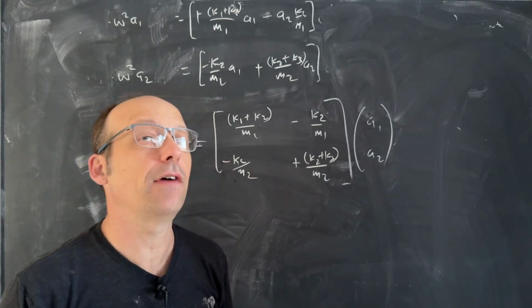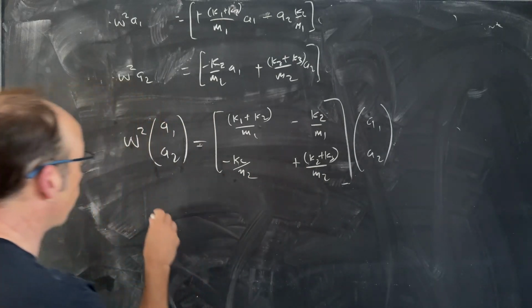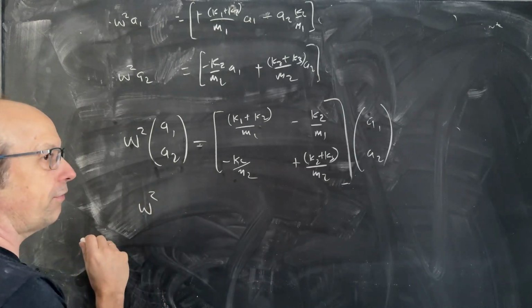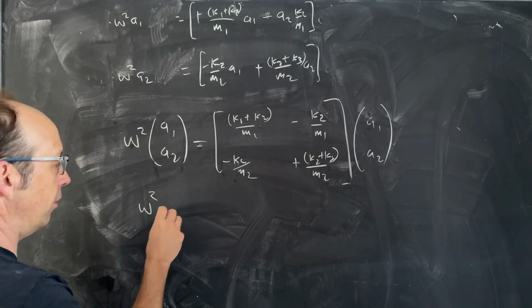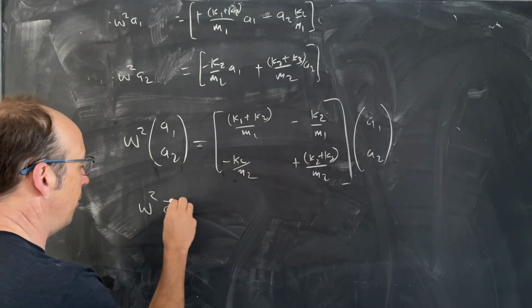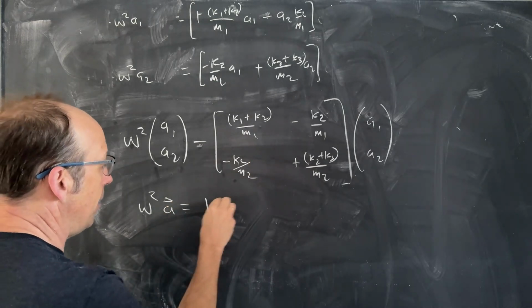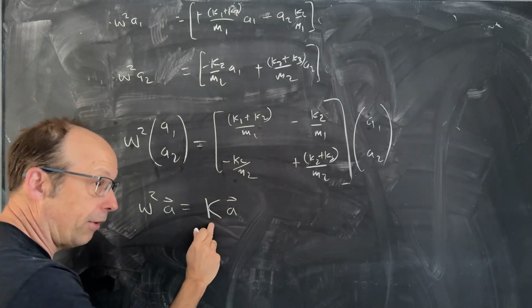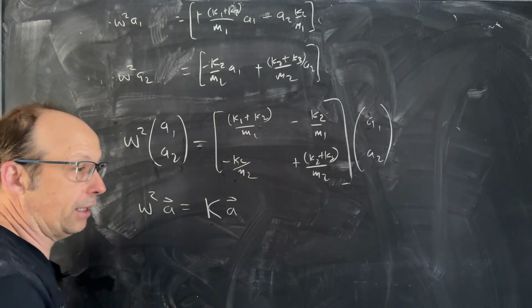That is the eigenvalue problem. You could write this as omega squared, what did we call this vector A? I guess I could call that the A vector. I can't remember what I did. And we'll call this the K matrix, capital K, A. So I operate K on A, and I get A back with the constant.